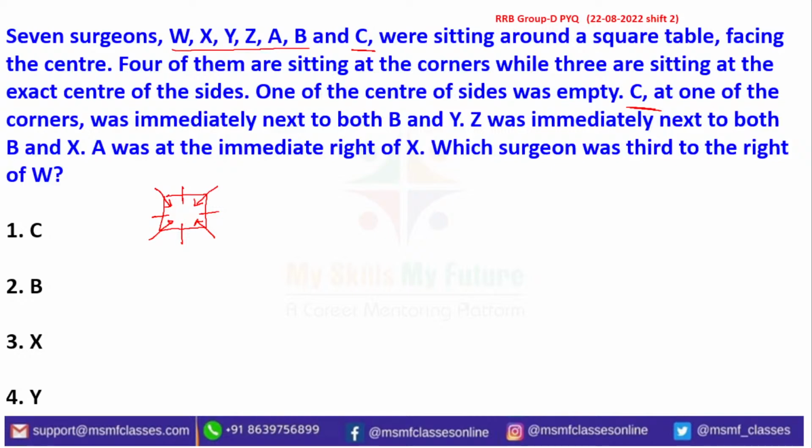C, at one of the corners, was immediately next to B and Y. So suppose I allocate C here. One side is B, and another side is Y. I am writing roughly.